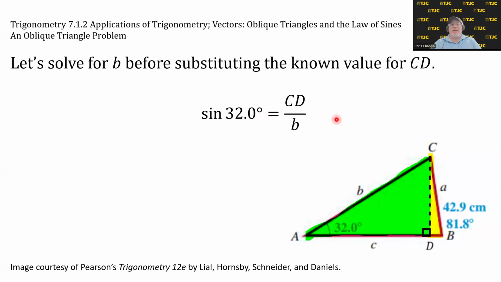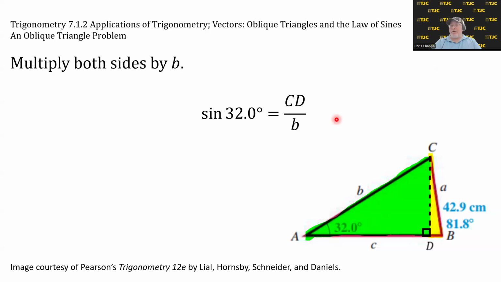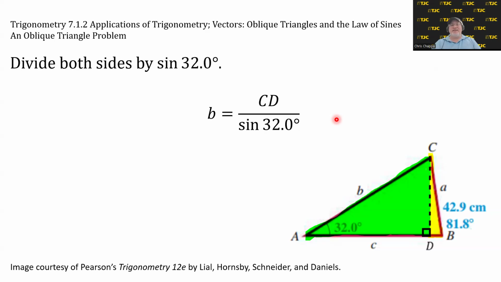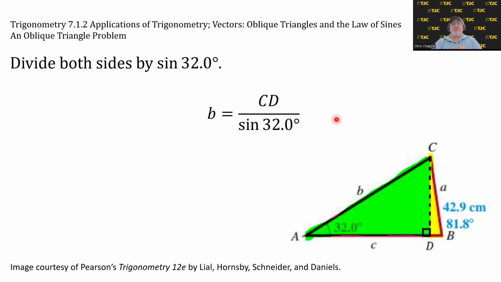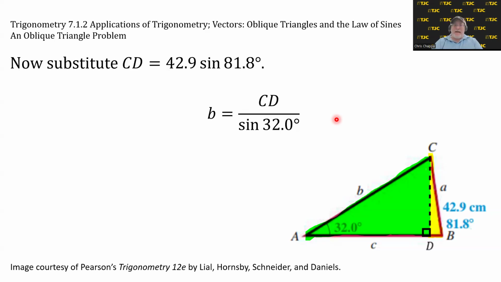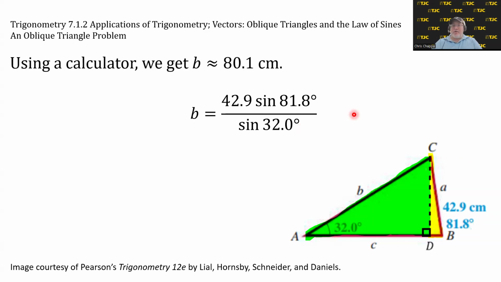If we multiply both sides by b, that gets b out of the denominator. Then we divide both sides by sine of 32.0 degrees, and we get b equals CD over sine of 32.0 degrees. Substituting the value of CD, b is equal to 42.9 times sine of 81.8 degrees over sine of 32.0 degrees. With a calculator, b is approximately 80.1 centimeters.